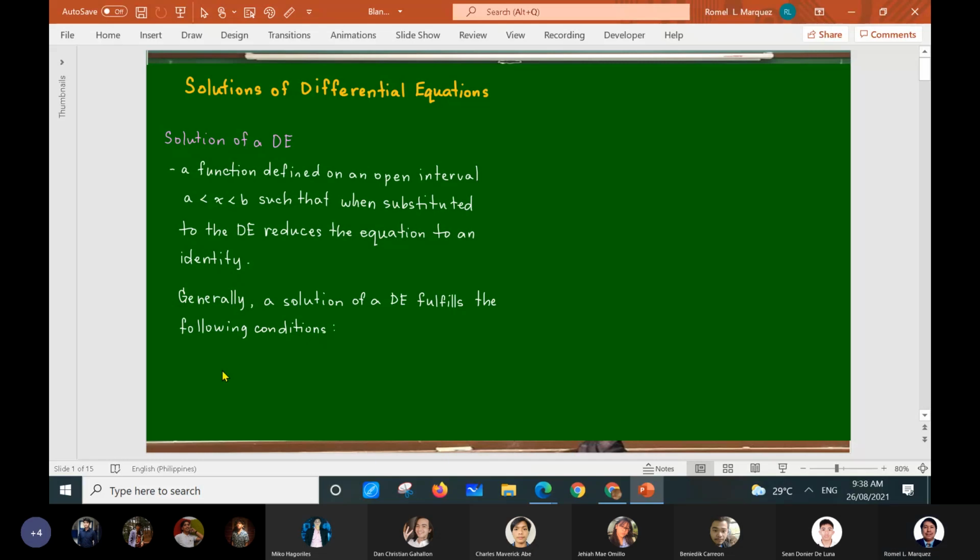Number one, having a number of arbitrary constants equal to the order of the differential equation.